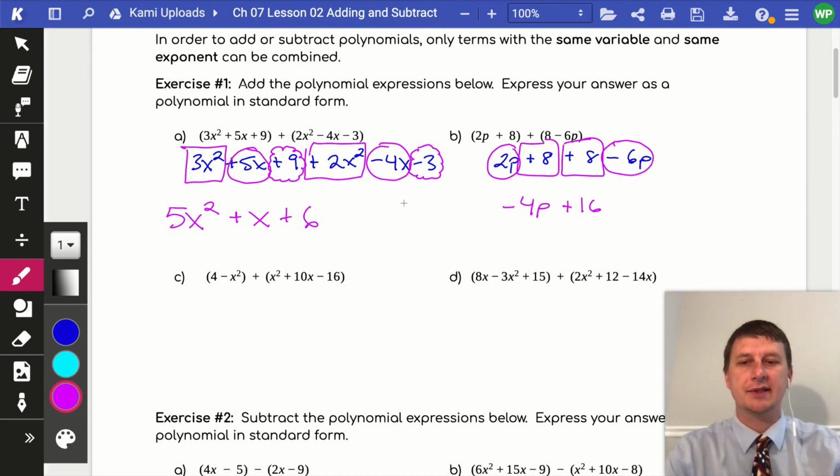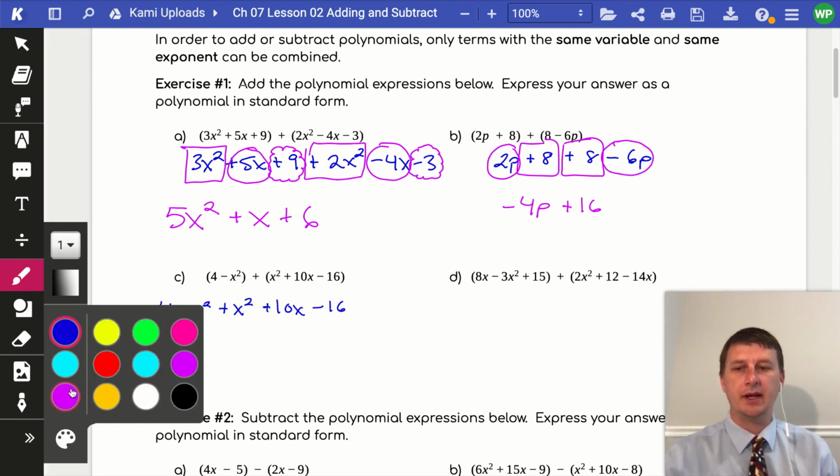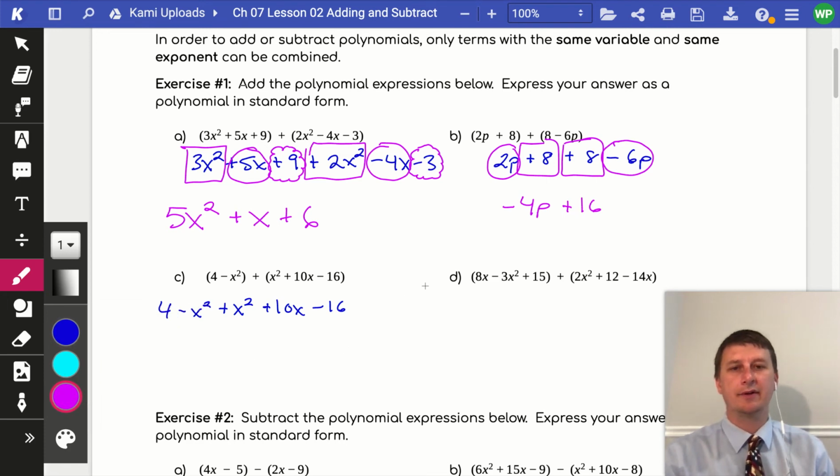If I'm looking at part C, now I have 4 minus x squared plus x squared plus 10x minus 16. And again, since that plus is there, I could break down those parentheses: 4 minus x squared plus x squared plus 10x minus 16, and I look for my like terms. I like to look for the highest exponents first because that's what I'm going to be writing first in standard form.